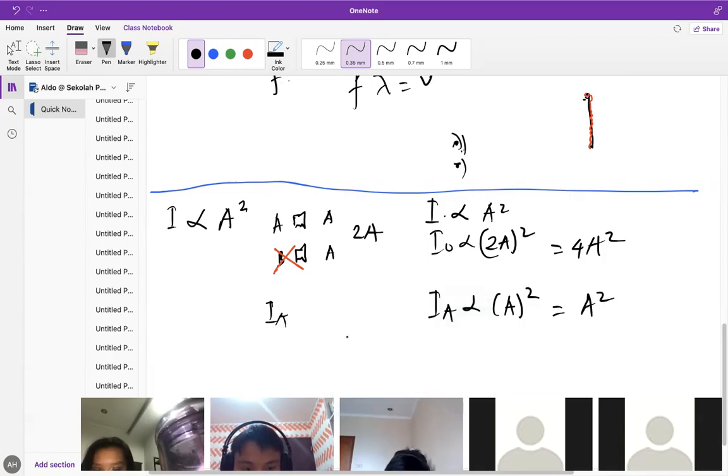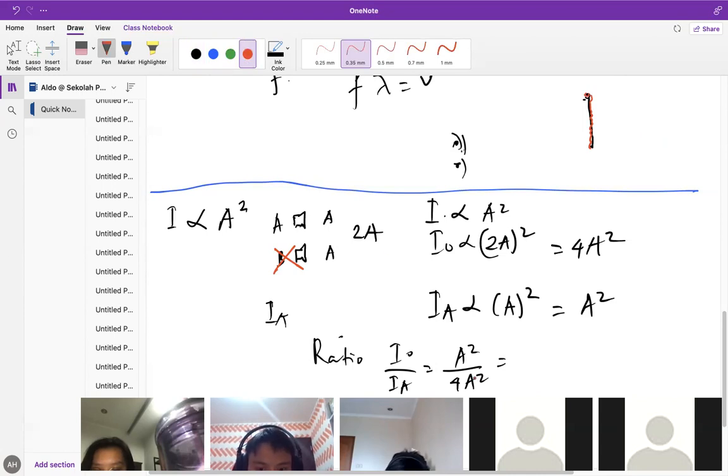The question is asking about the ratio between IO over IA. The answer is A squared over 4A squared, so equal to 1 over 4. That's the answer.